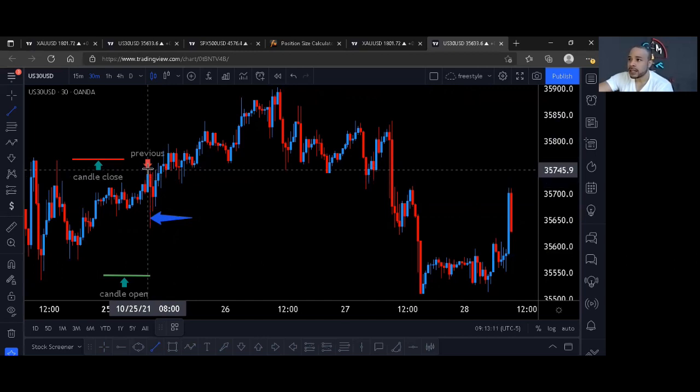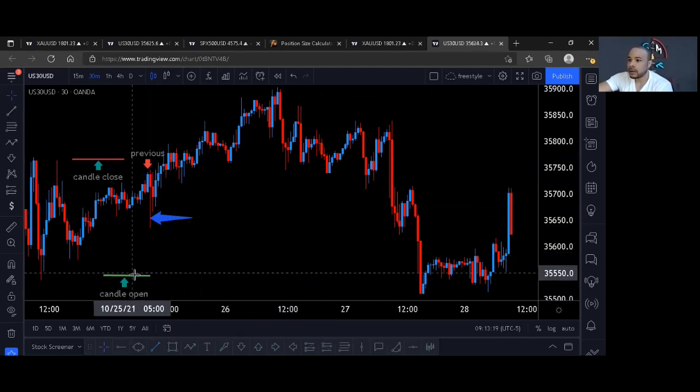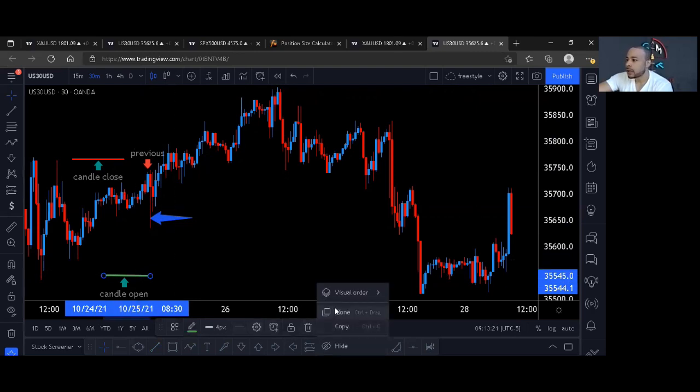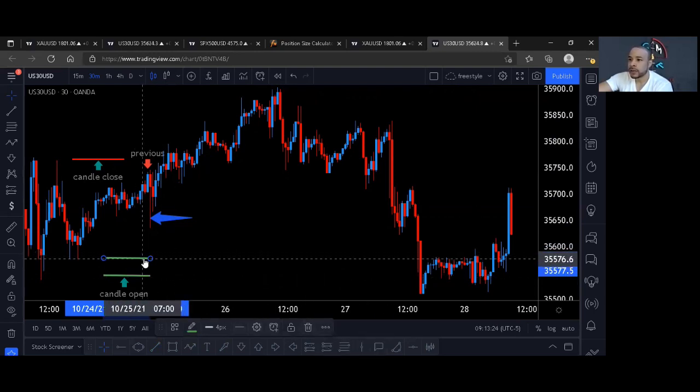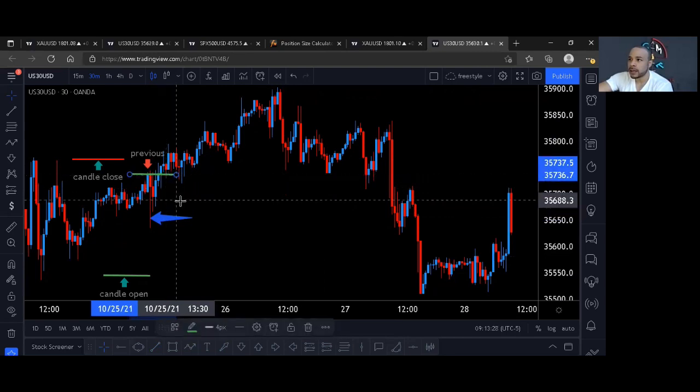When this time frame ends, the next one begins right where the close of that candle occurred. It'll just shift over and make a new candle. And so there's the open right there.